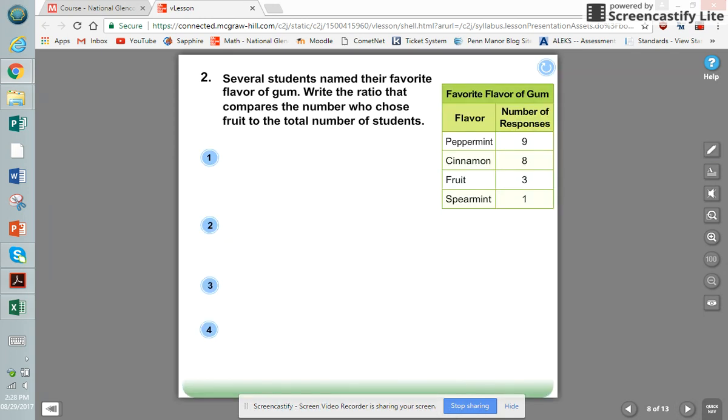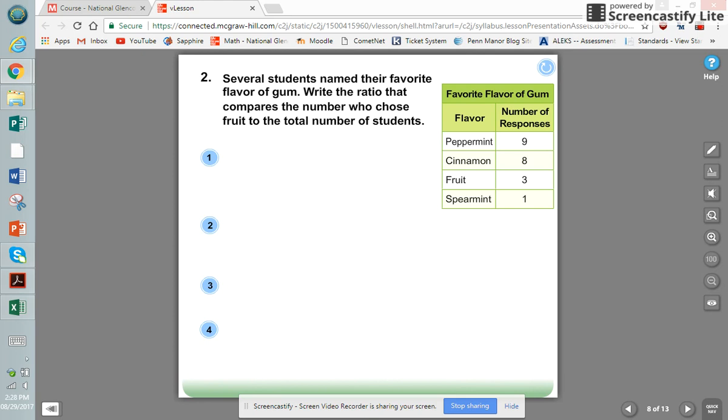Another type of ratio problem that we went over today is a word problem with a chart, where we're asked to develop a ratio and also write it in a common form. So let's take a look at what it's asking us. Several students named their favorite gum.